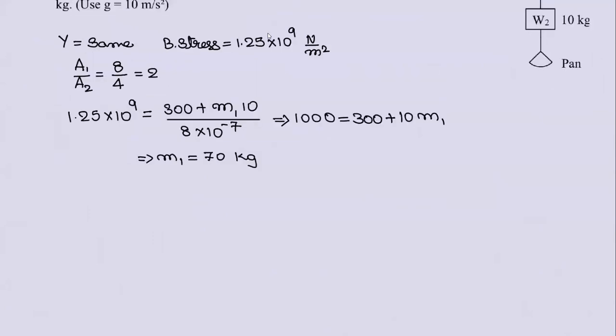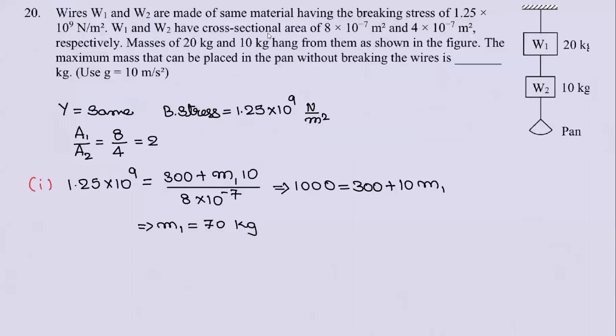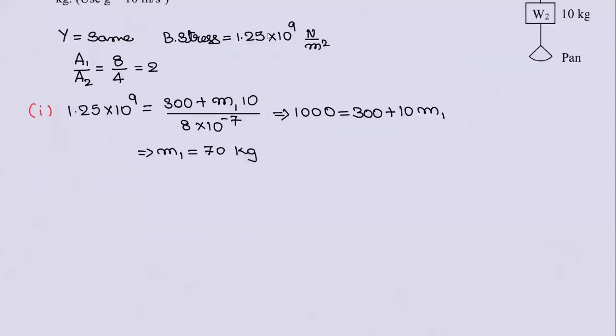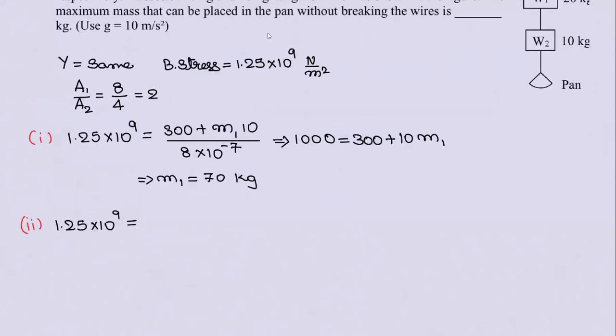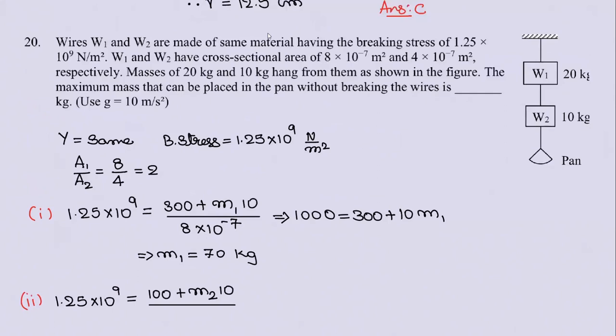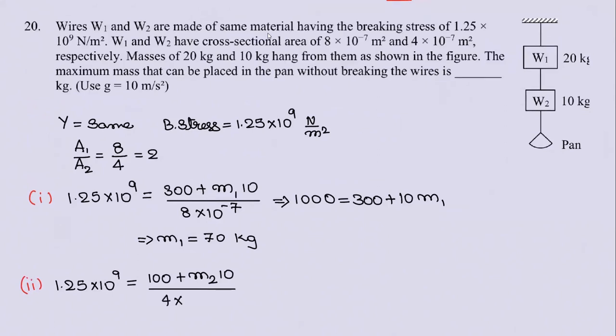That means, assuming the second won't break, if at all the first wire breaks, then this is the thing. Let us go for the second one. Let us take the second wire. What is the minimum required? Same value. Breaking stress 1.25 into 10 power 9 is equal to, in this case, 100 plus mass M2, assume, into G is 10, by cross-section area 4 into 10 power minus 7.